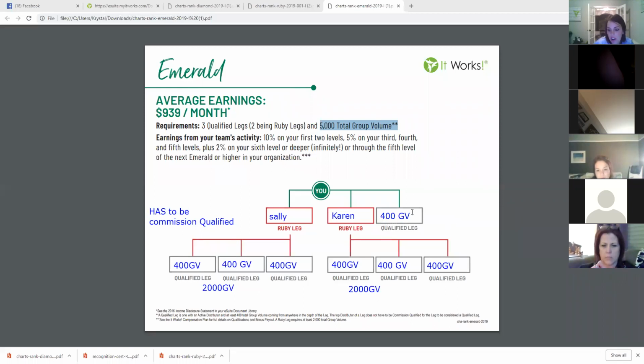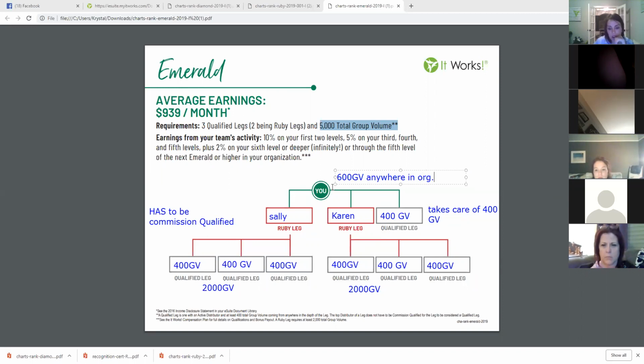That's going to take care of 400 more. So I'm going to put it over here, takes care of 400 GV. So 600 has to come from somewhere else, anywhere in the organization. So 600 GV anywhere in org.